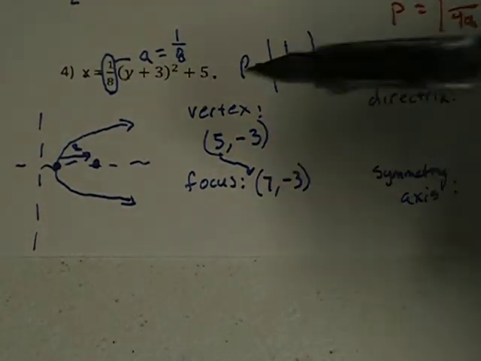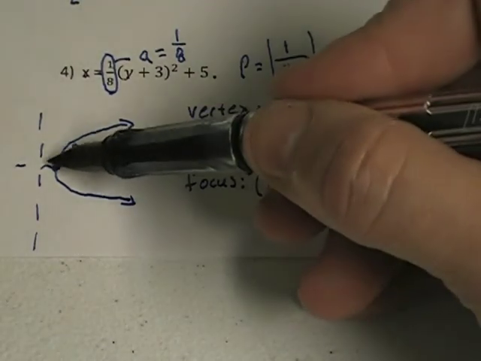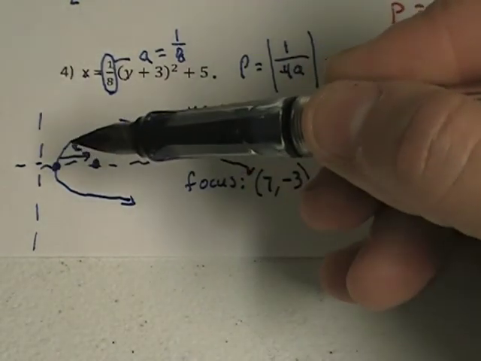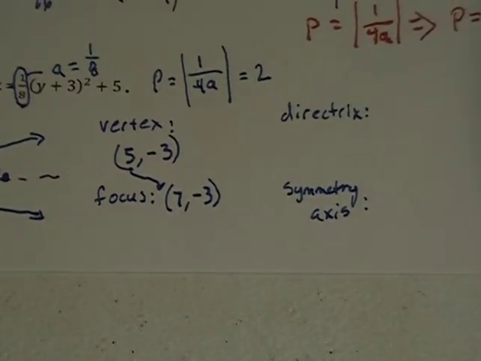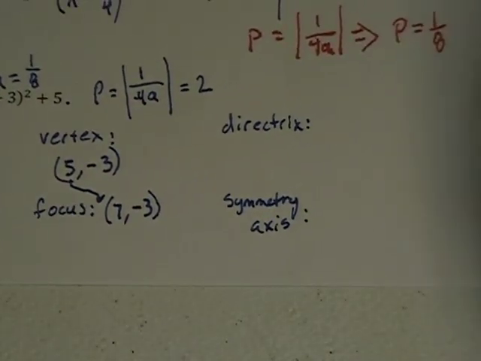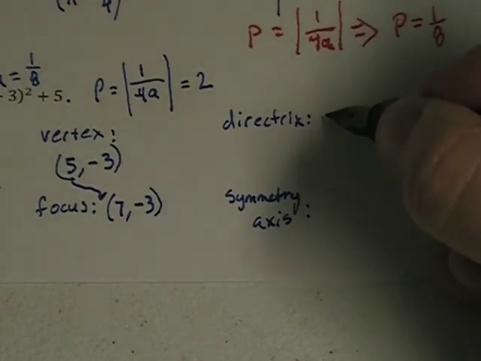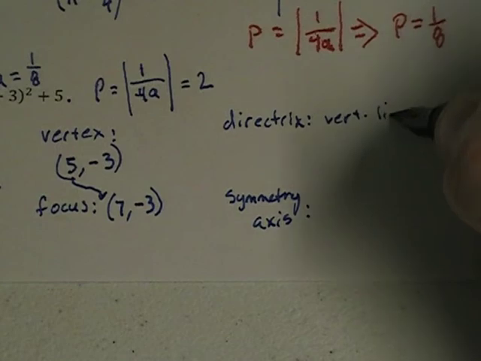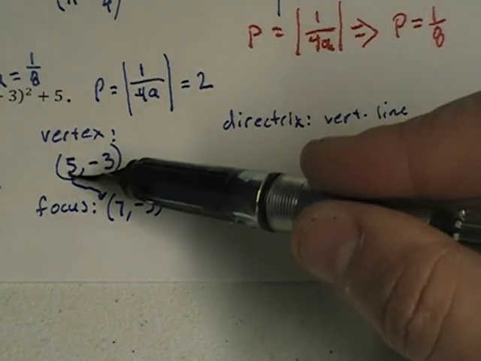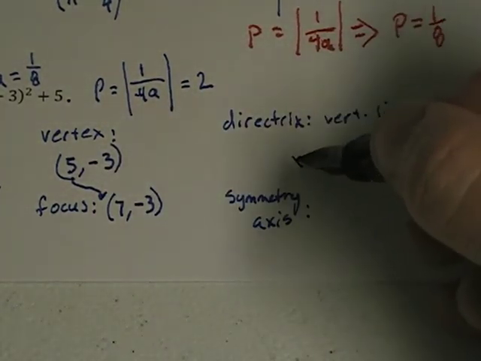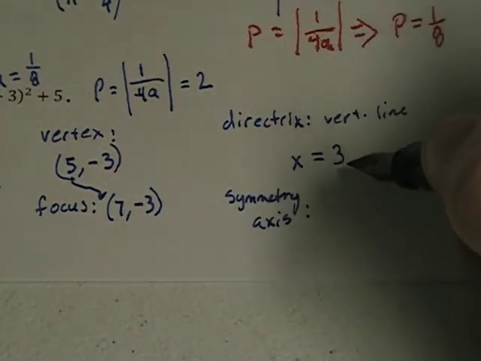Okay? Well, if this is 2 units to the right, where's the directrix? 2 units to the left. So the directrix is going to be a vertical line that's 2 units to the left of this. And that's going to be x equals 3.